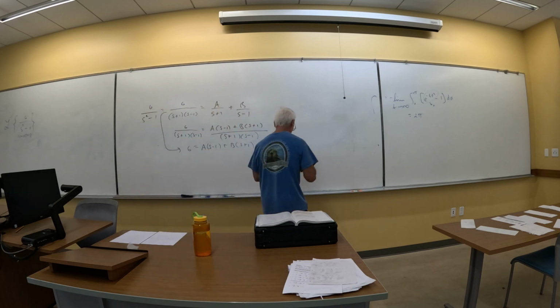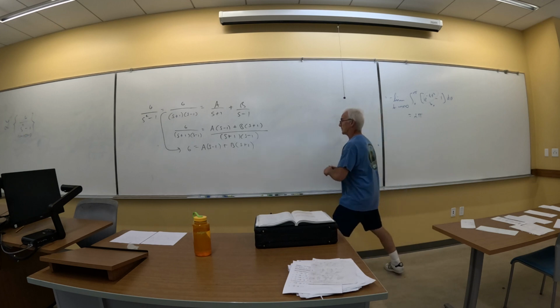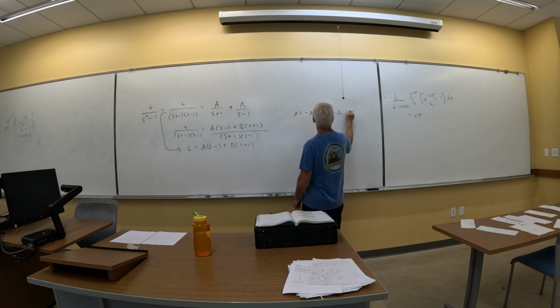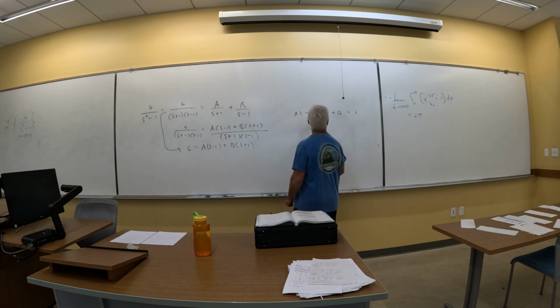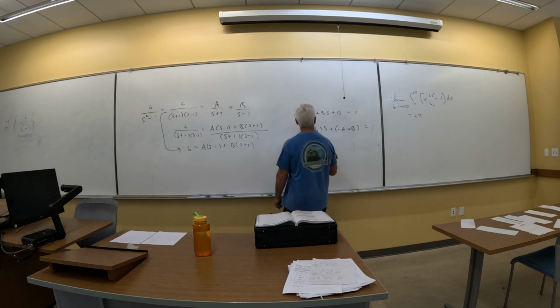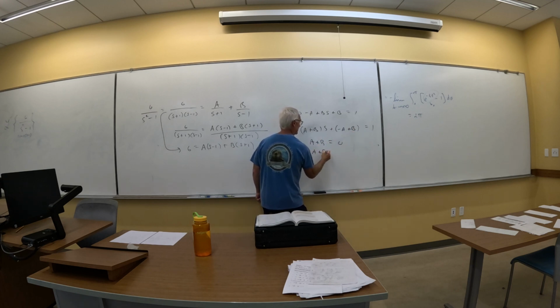Now, there's two ways to do this. There's the traditional textbook way, which everybody learned, and that is to set up a system of equations. So I have As minus A plus Bs plus B equals 6. So As plus Bs, how about if I write that as A plus B times s plus negative A plus B. So that means that A plus B, because there's no s's, equals 0, and negative A plus B equals 6.